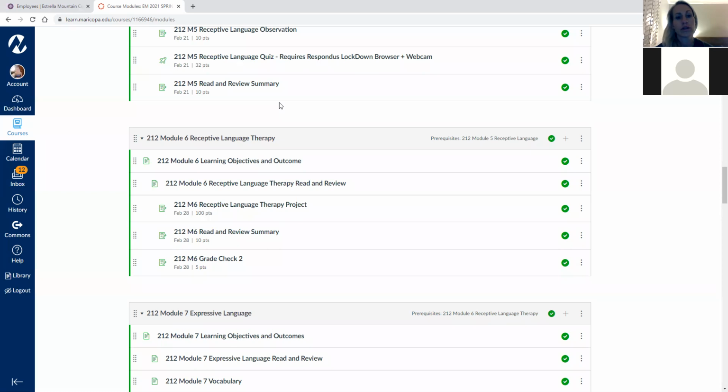And anytime you're working with a client and you're unsure of where to start, or you're trying to address the goal and things aren't going well, receptive language is a good fallback. We always can support that.